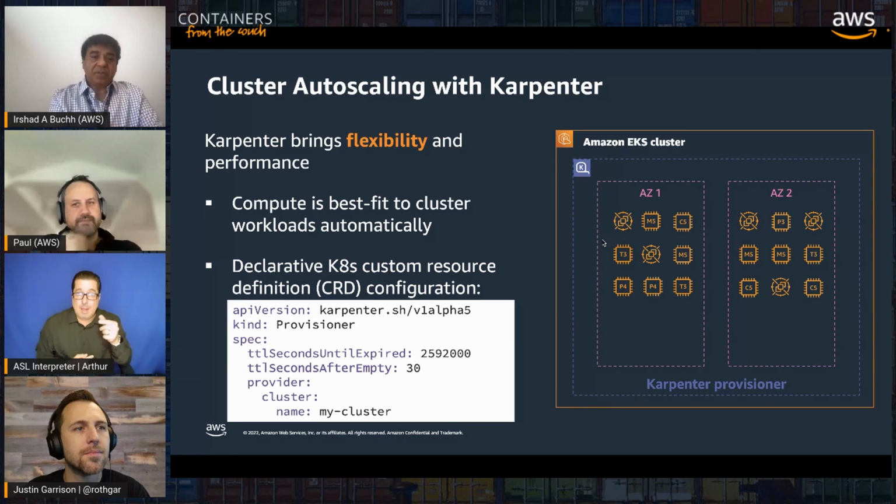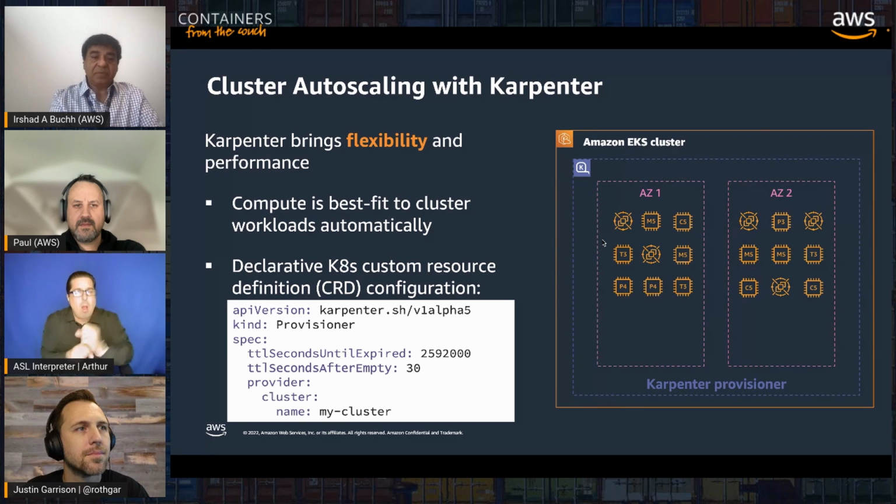Now, for Karpenter, all we need to do is to define declaratively a provisioner that you see in the simplest form on the screen right now. It has got some specs, which I will show you during the demo as well today. In its simplest form, it has some specifications that we have to fit in.